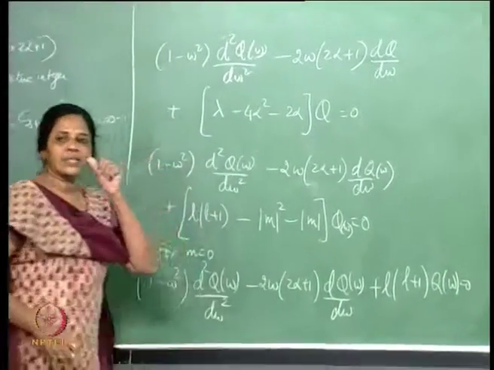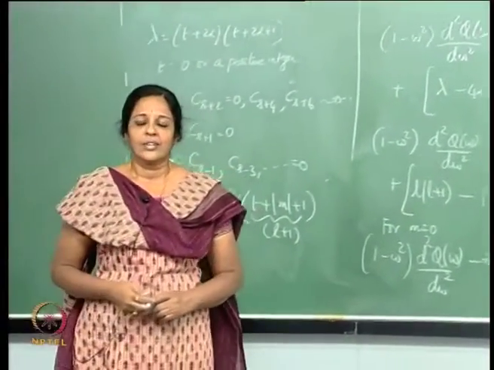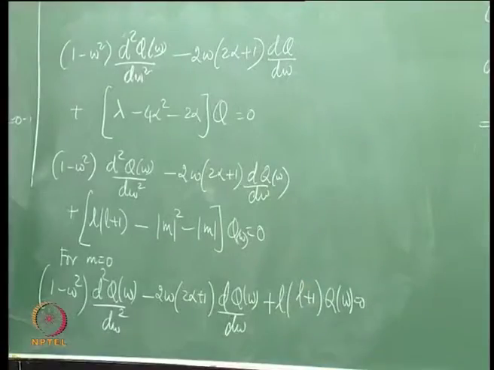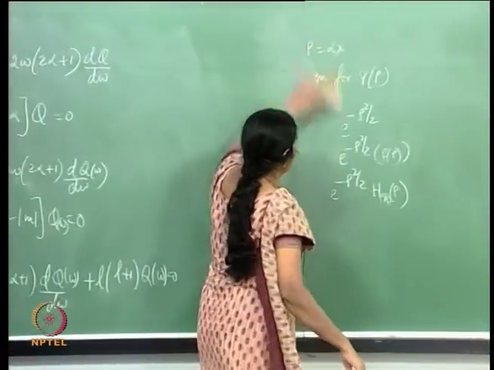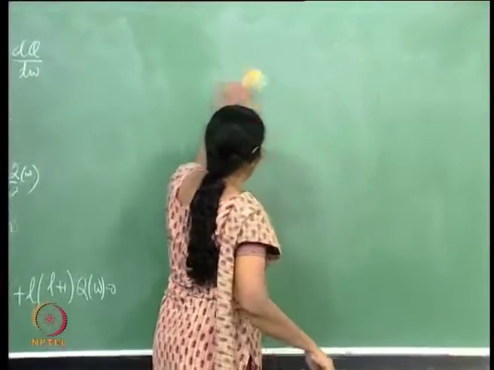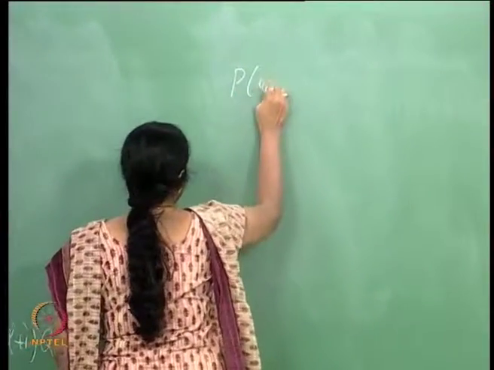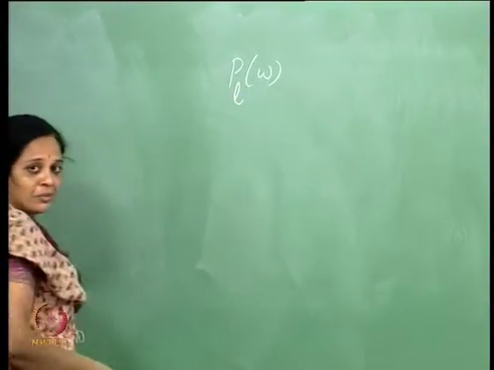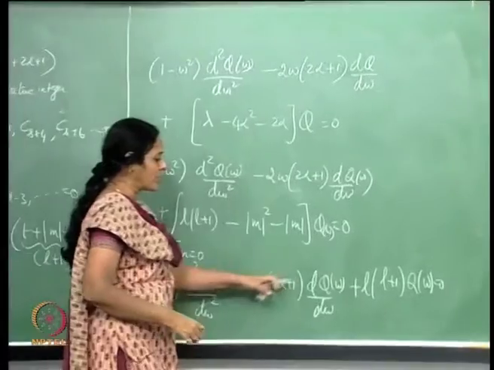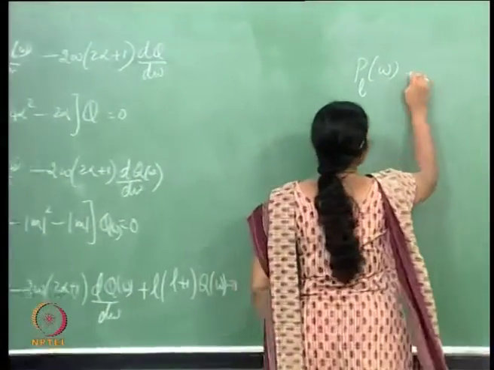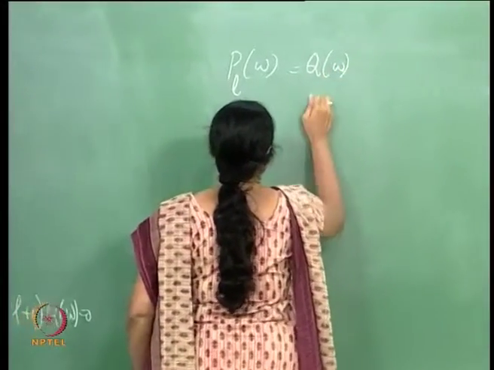But this is precisely the equation corresponding to the Legendre polynomial. The Legendre polynomial, usually referred to as P L of w, where w is cos theta, is a Legendre polynomial that satisfies precisely this equation. So, P L of w is the same as q of w if m equals 0.